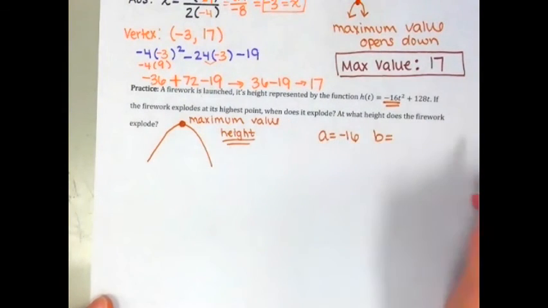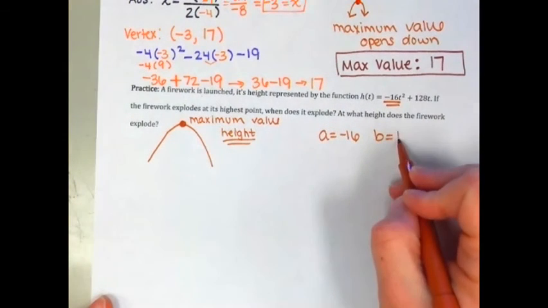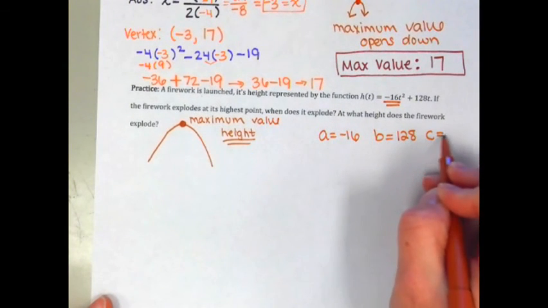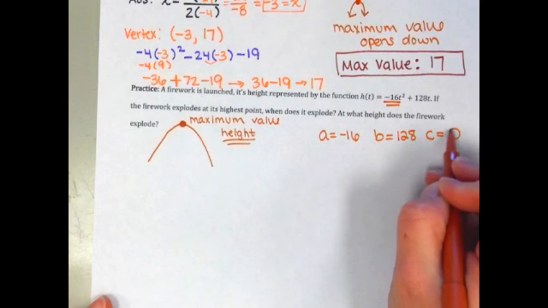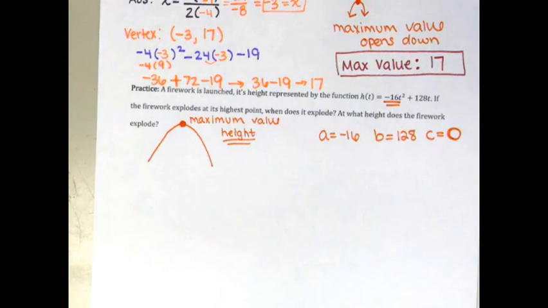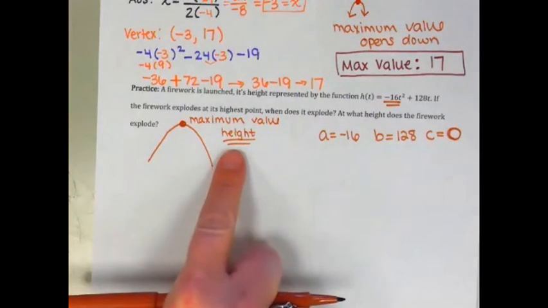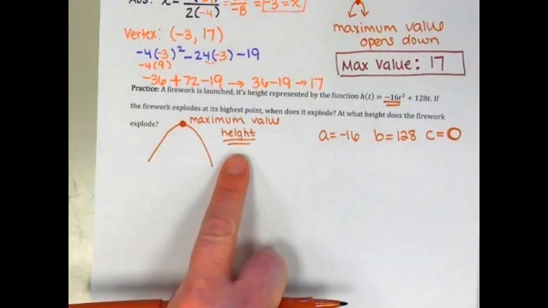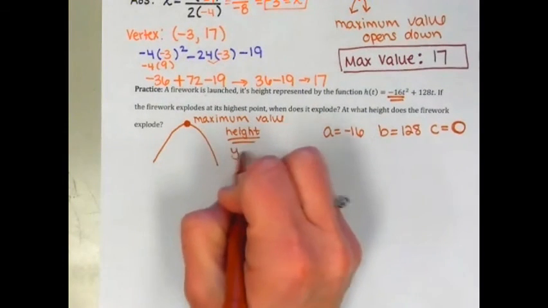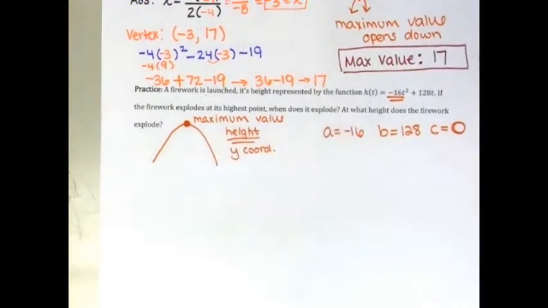What's my b? 128. What's my c? 0. Could you guys find your axis of symmetry? Could you find your vertex? And once you know your vertex, do you know your maximum height? Yes, because my maximum height is always the y coordinate of your vertex.